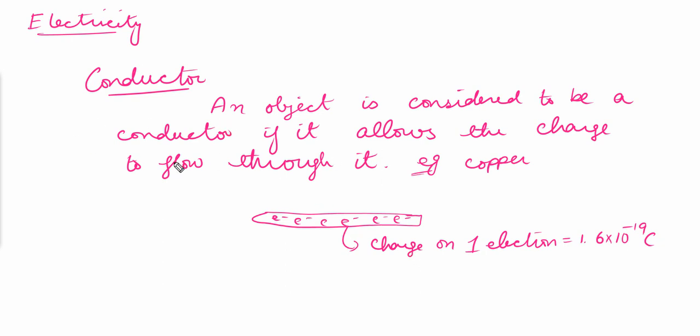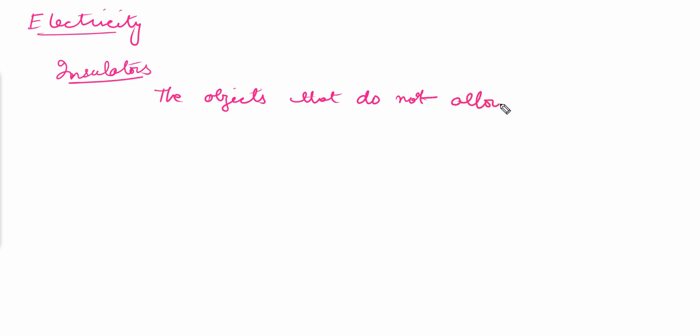After conductors, let's discuss insulators. Insulators are the objects that do not allow the charge to pass through them.